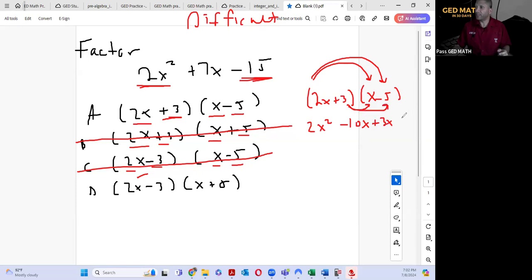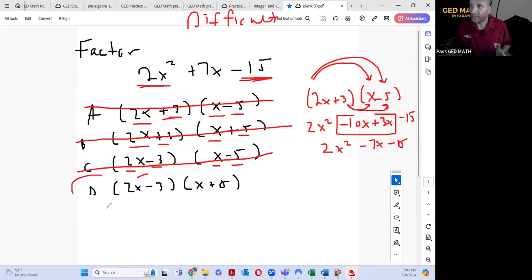Plus 3 times minus 5 is negative 15. We combine like terms and get 2x squared minus 7x minus 15. That's not what we need. We need positive 7x. I know it's not A. I just got my answer: D.